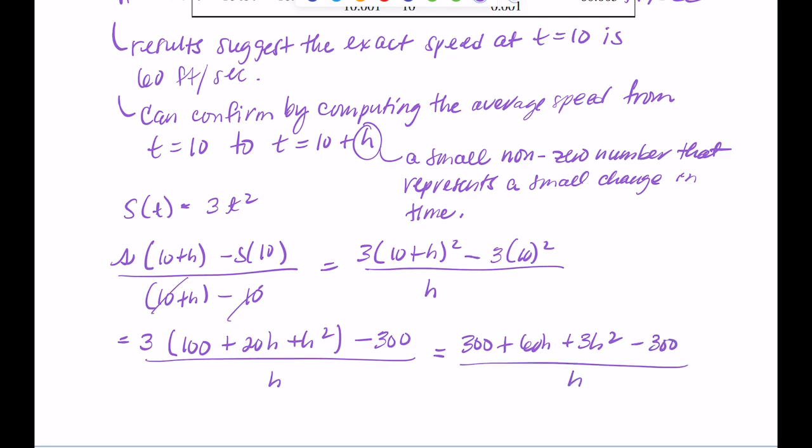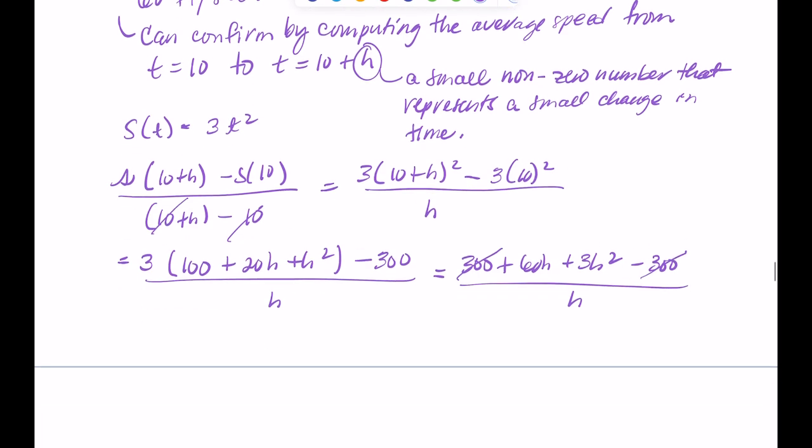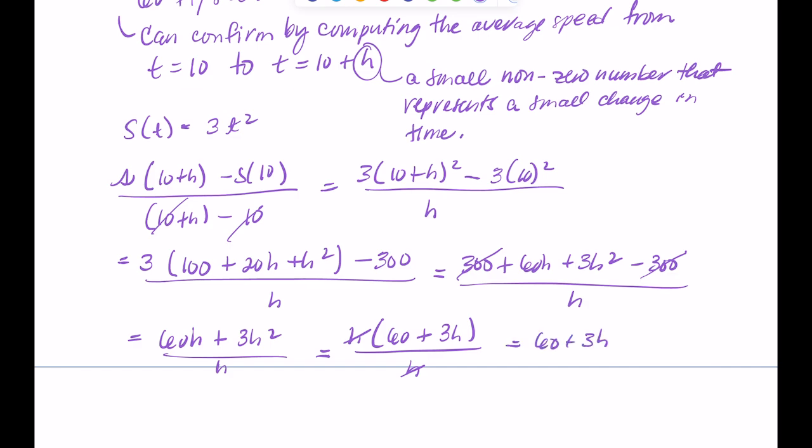And we can see that the 300s are going to cancel. So I'm left with 60h plus 3h squared over h. Of course, we can factor an h out, and the h's cancel. Then I'm just left with 60 plus 3h.